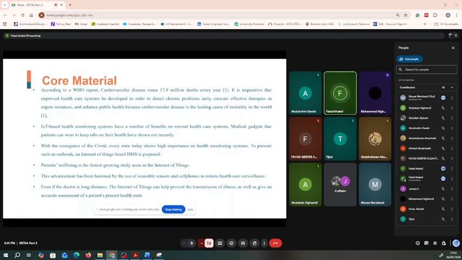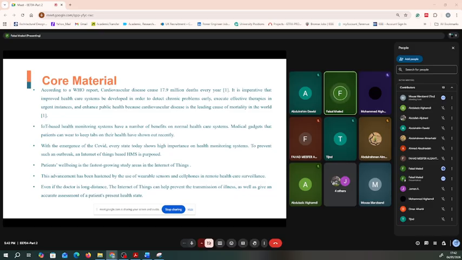The core material: according to the WHO report, cardiovascular disease causes 17.9 million deaths every year. It's imperative that improved health care systems be developed in order to detect chronic problems early, and to use effective therapies in urgent instances.